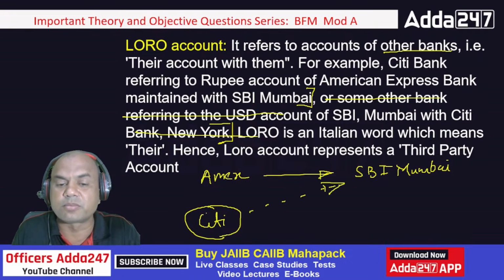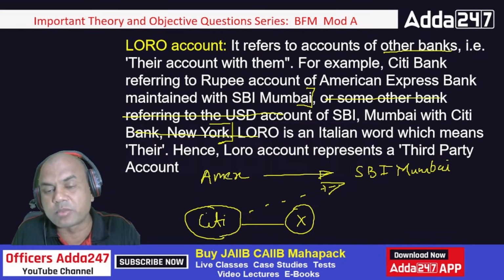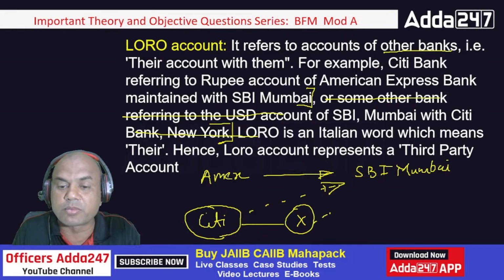Suppose they are telling me, Mr. X, for covering this, you have to credit the American Express Bank account with SBI Mumbai. You have to transfer the funds to this SBI Mumbai account.